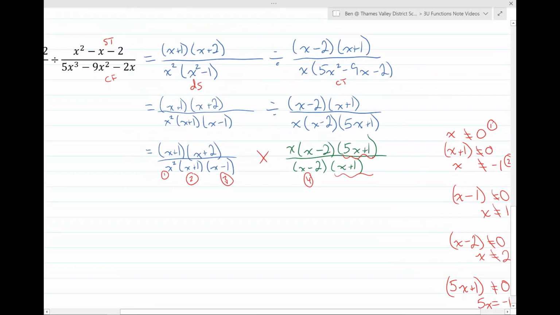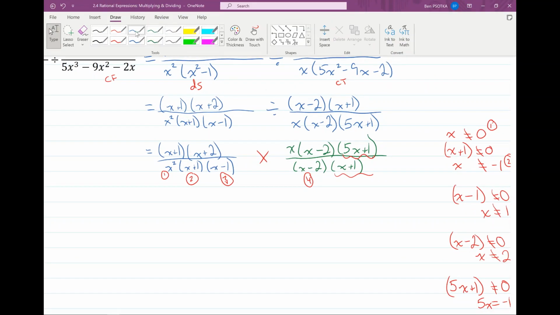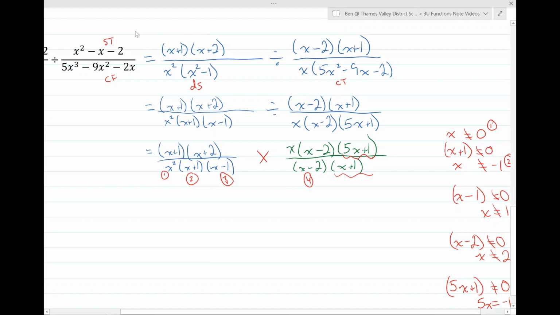Now that I have my restrictions, I can start putting it together before I perform any cancellations. I'm left with x plus 1, x plus 2, times x minus 2, times 5x plus 1, all divided by, and yes, it's a big fraction, a little bit ugly, x squared times x plus 1 times x minus 1 times, oops, there's a squared on that x plus 1, times x minus 2.